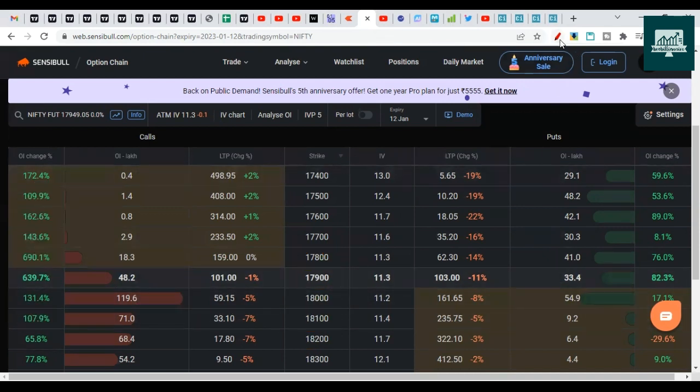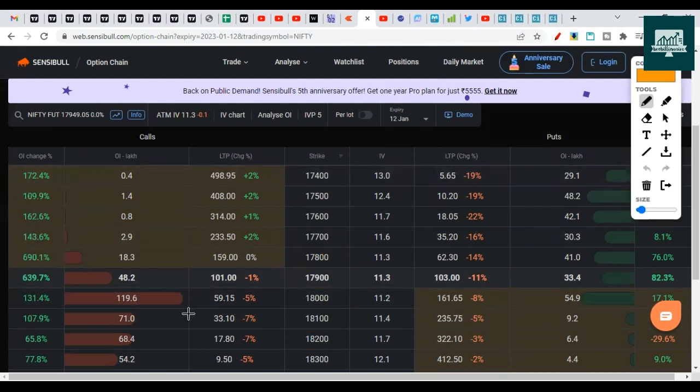Now for the next session, what is the major resistance here? 18,000. On the call side, maximum call open interest is present at the 18,000 strike, and call open interest acts as resistance.